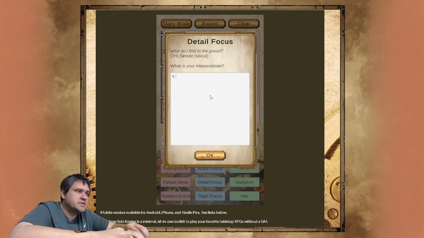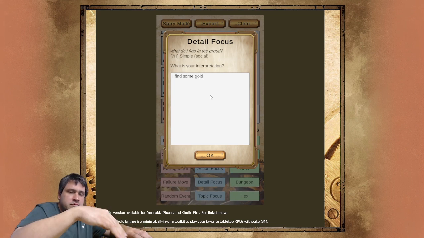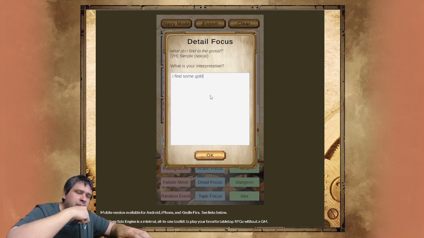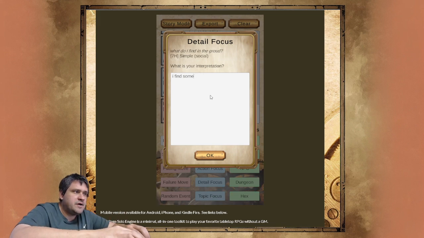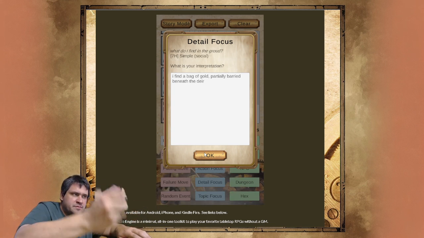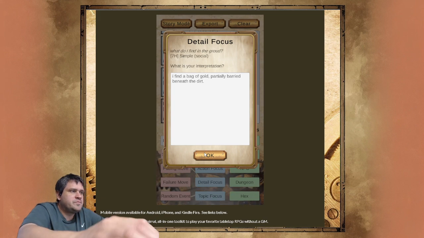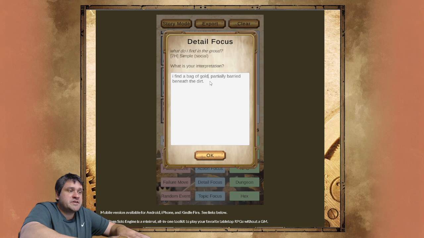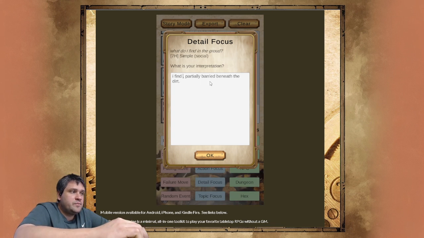I find a bag of gold, kind of partially buried beneath the dirt where I was planting a seed. You know what? Let's just make it mysterious. I find a small pouch.